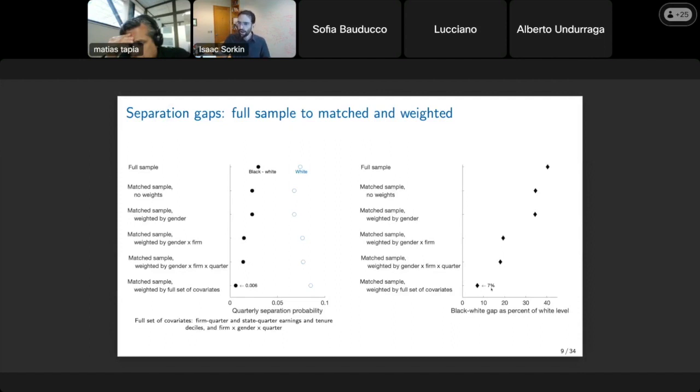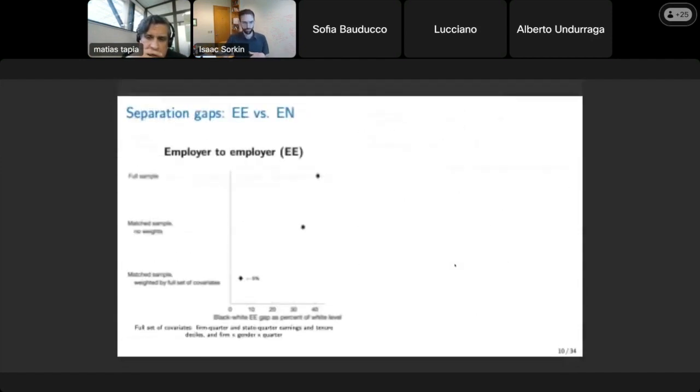Now, this is looking at all separations. You might think that employer to non-employment separations are more problematic than employer to employer separations. So now let me divide this right panel into employer to employer and employer to non-employment separations.